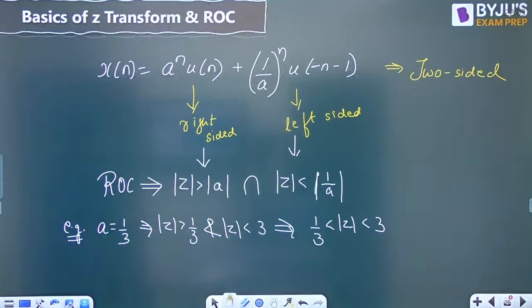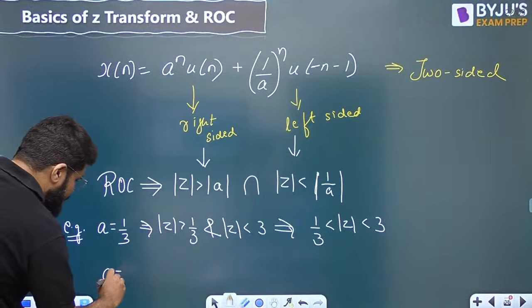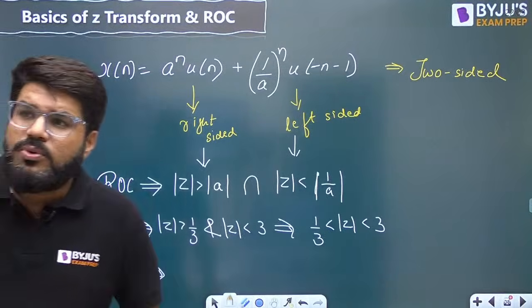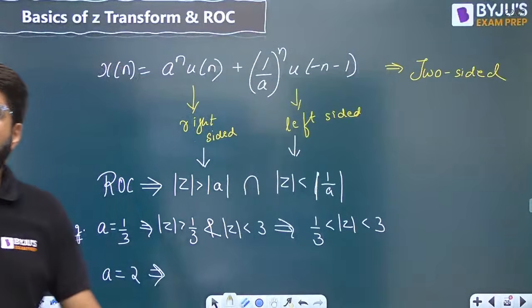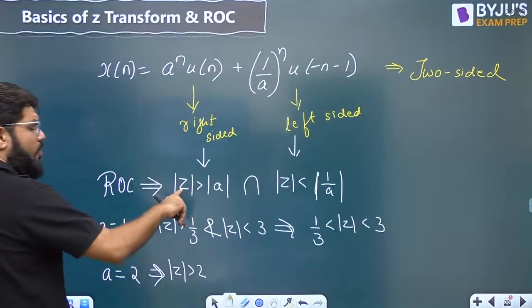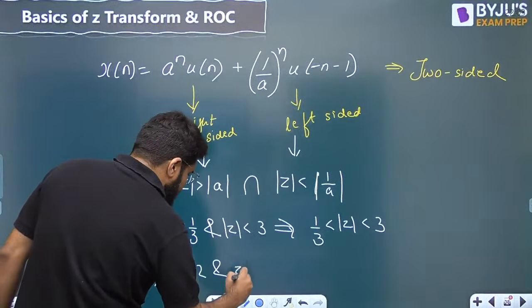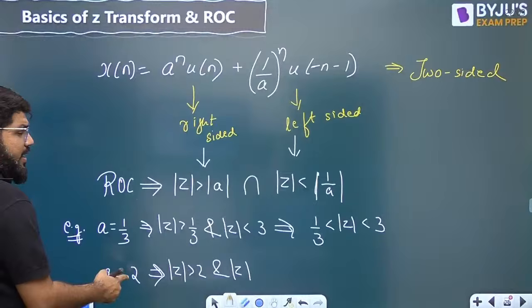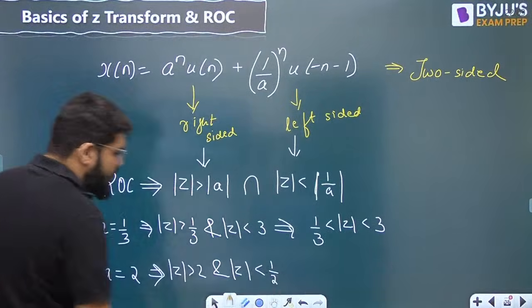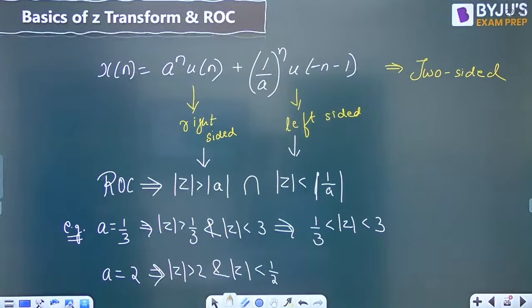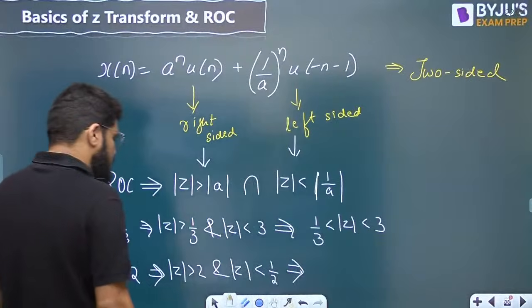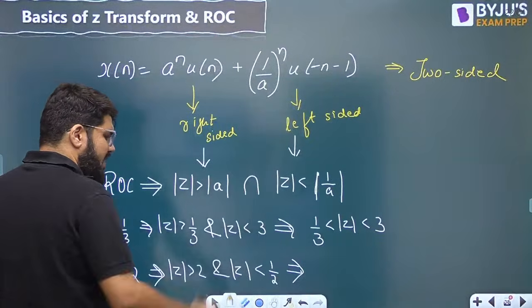That is definitely possible. But suppose I take the value of a as 2. Then mod z greater than mod a, that is mod z greater than 2, and mod z less than 1 by a, that is mod z less than 1 by 2.